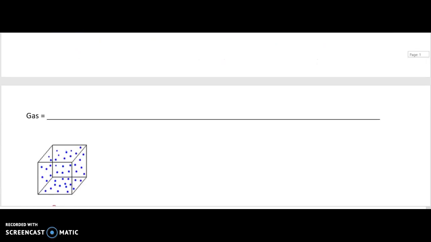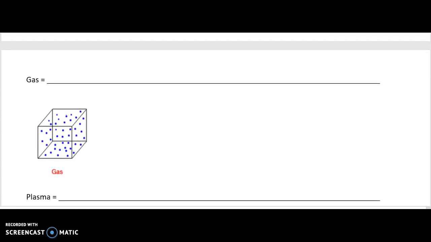The last one we really need to concern ourselves with is a gas. Now a gas takes the shape and the volume of its container. These little blue dots are these gas particles. They're going to fill up their container.